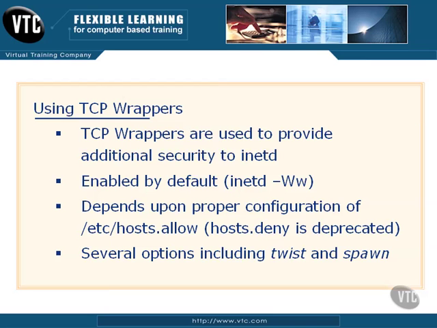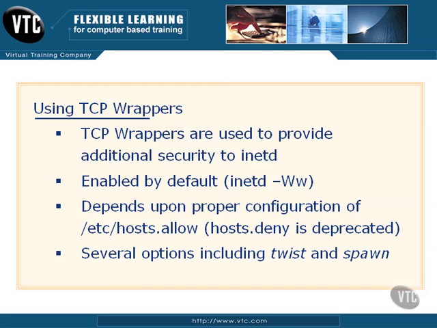Now, there are some options that we can use with TCP wrappers, and again, all of these are configured in hosts.allow. Those include the twist and spawn options. Twist is an option where, when an unauthorized user attempts to access a service, that user is listed in hosts.allow with a deny statement. Twist will send a message back to them saying, hey, you're not allowed to use this service.